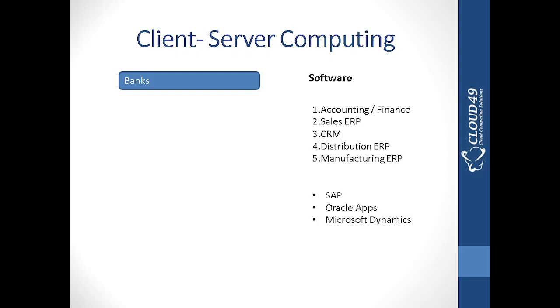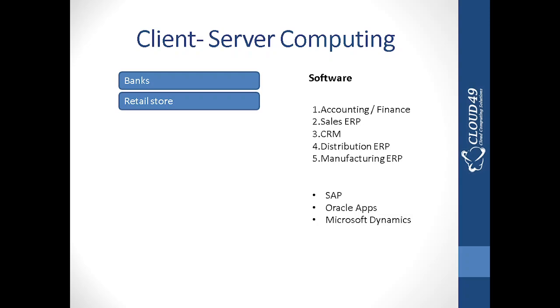This is where you will find this computing model. If you go to banks, you will find one server, and other client machines are connected to the network. Different employees work on client machines, and there is one server stored in a separate area.